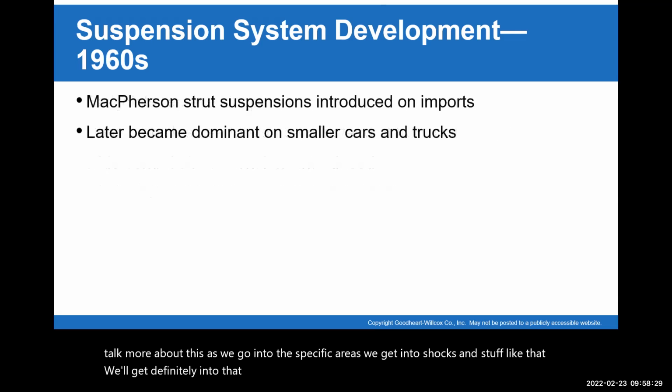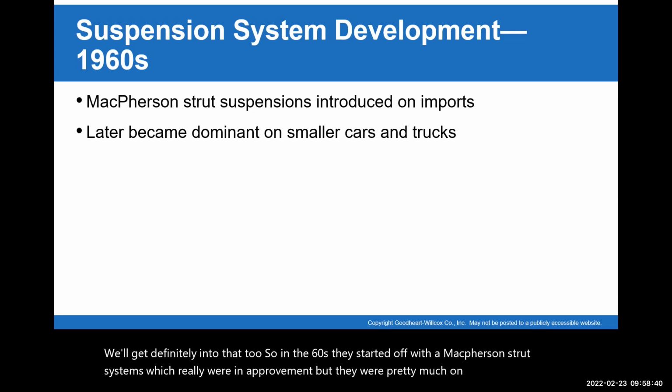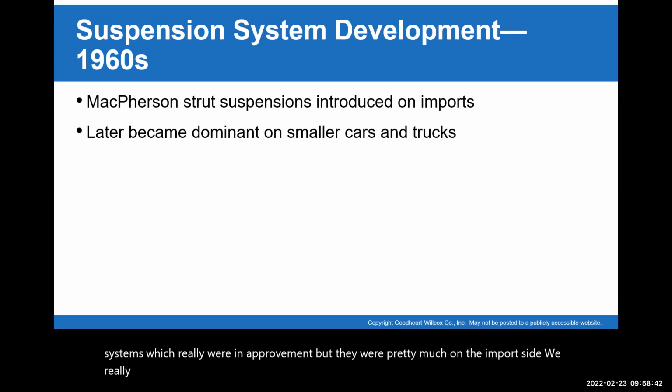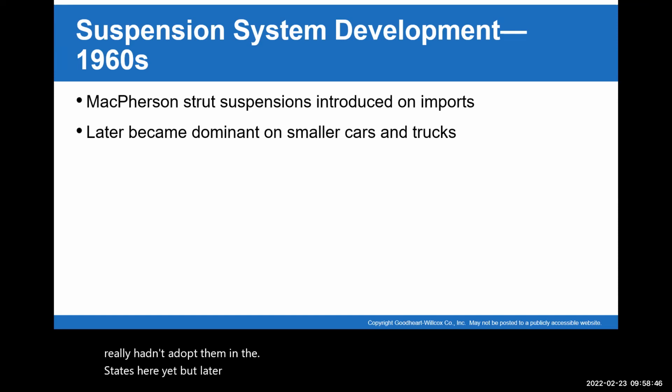So in the 60s, they started off with the McPherson strut systems, which really were an improvement, but they were pretty much on the import side. We really hadn't adopted them in the States yet, but later on, we did start adopting it, and believe me, it is better for the smaller cars and trucks.